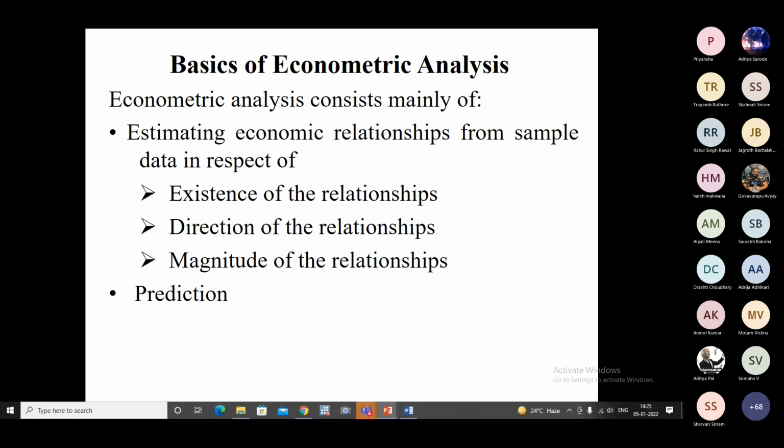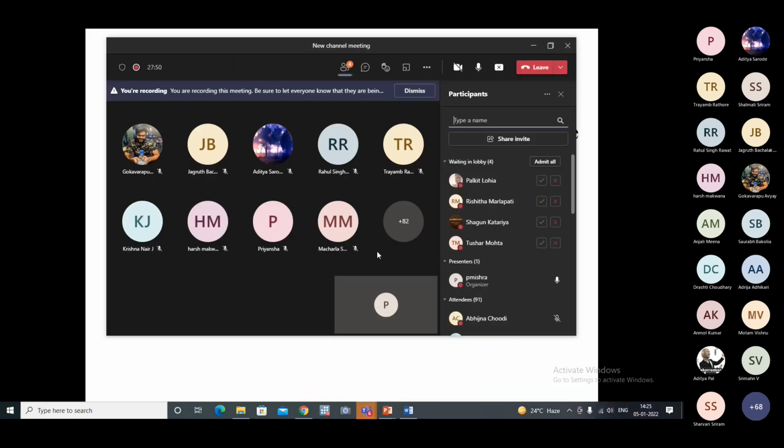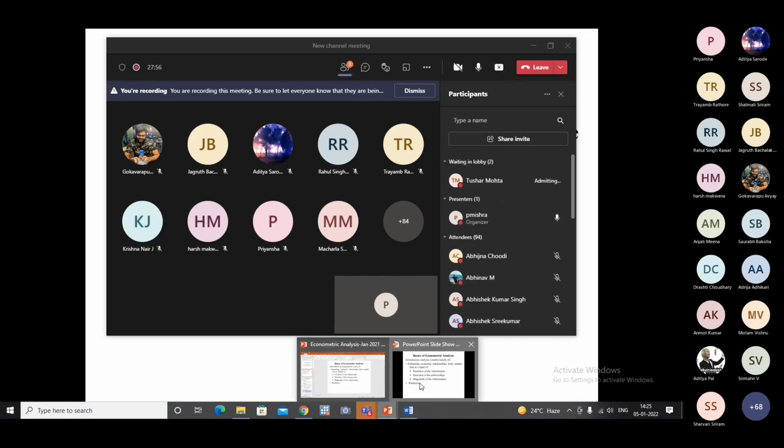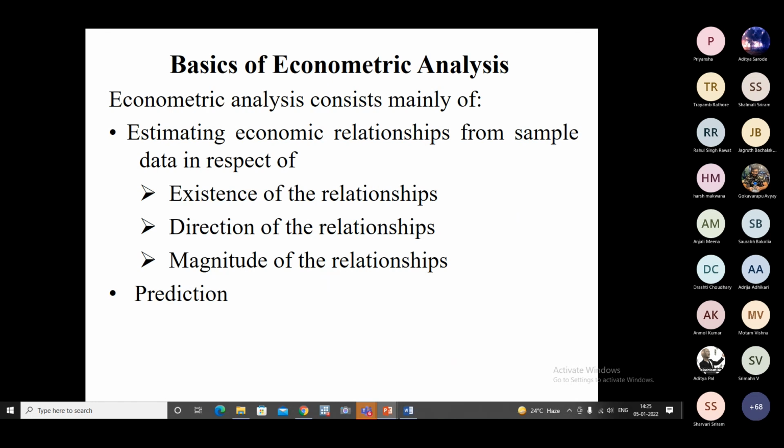So in this course, our discussion would be focusing on definitely estimation of the models, but in addition to estimation of the models, we will be also focusing on testing of hypothesis, basically to understand the relationships.